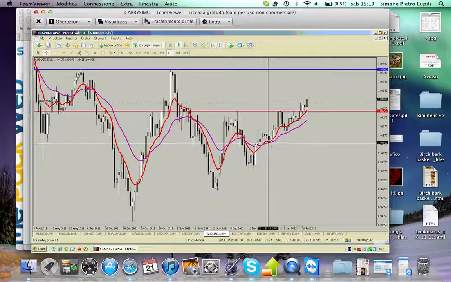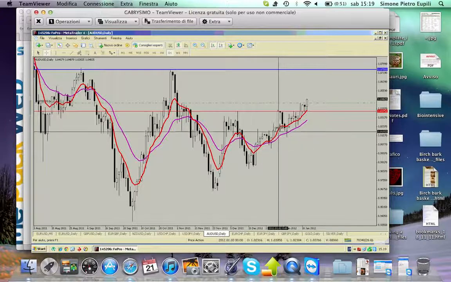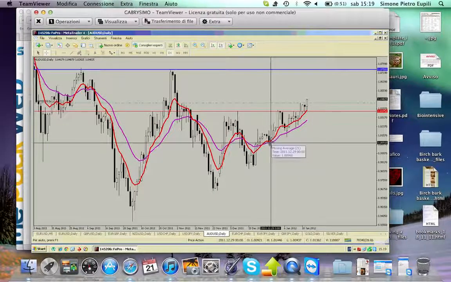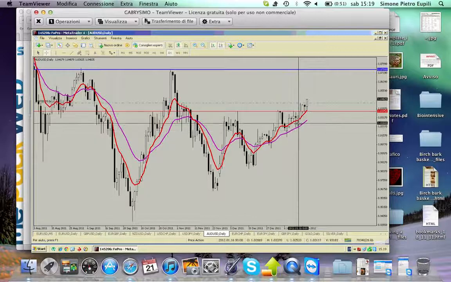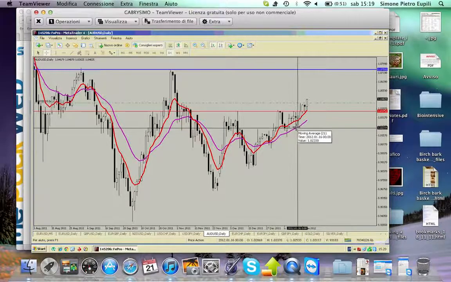We use the moving averages as a dynamic support and resistance. Can you see after the cross how they make the price bounce on them? Here and here and here again.